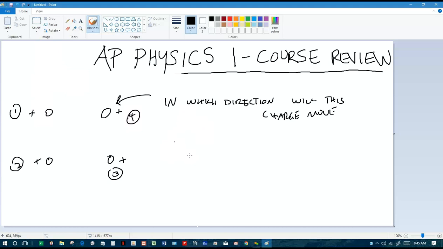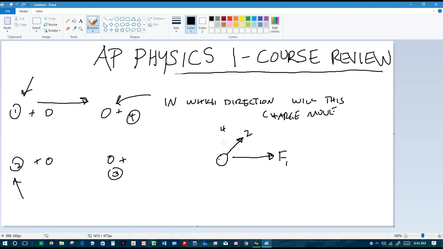If you're drawing a free body diagram for charge 4, you'd say he's going to be repelled from charge 1, F1, because charge 1 here is pushing him to the right because they repel. Which way will he go because of charge 2?